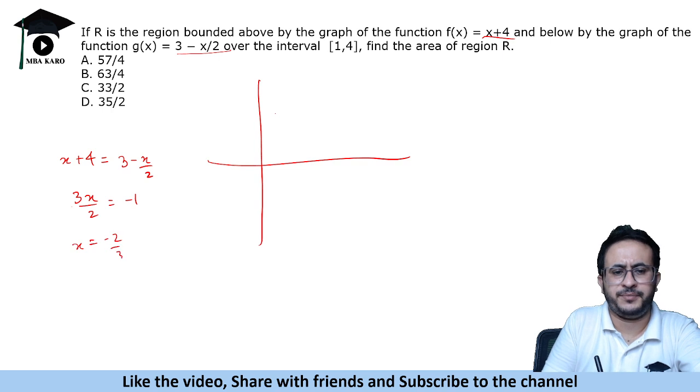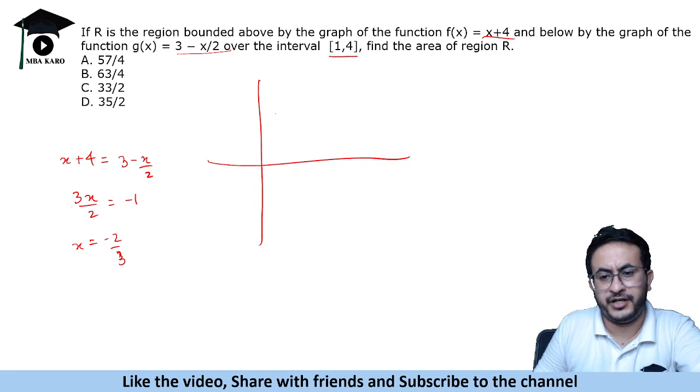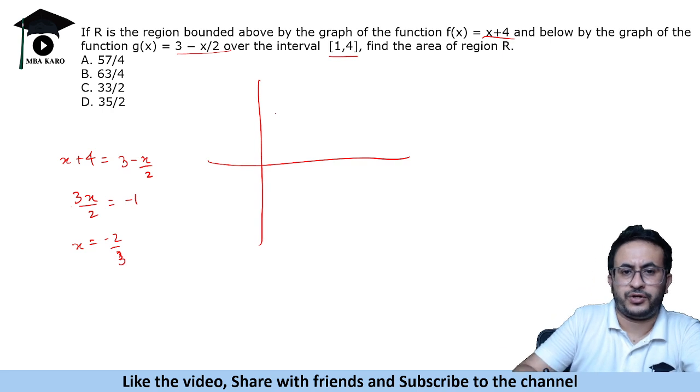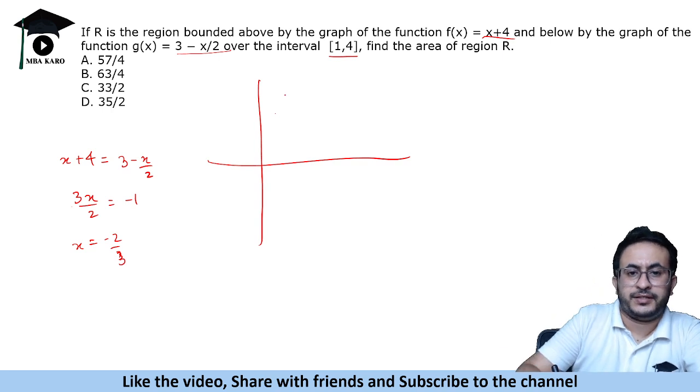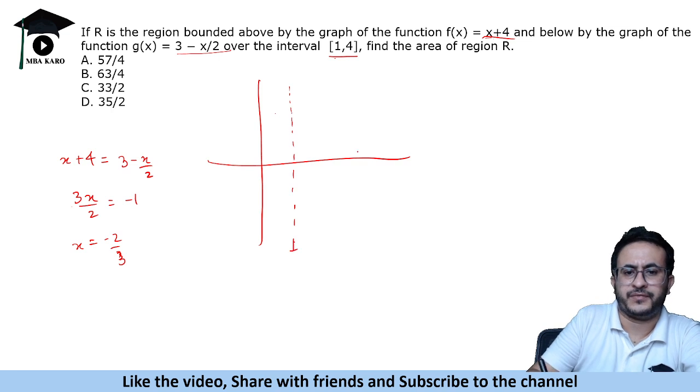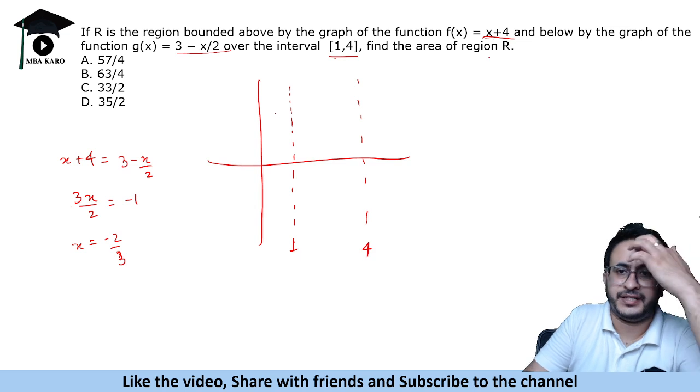So they meet at minus 2 by 3, but that is not a concern because we need to find the interval 1 to 4. So let's draw these lines. So first graph is x plus 4. Since we have to find in the range 1 to 4, we will confine our attention to this part only, 1 and this is 4. We will find in this region only.